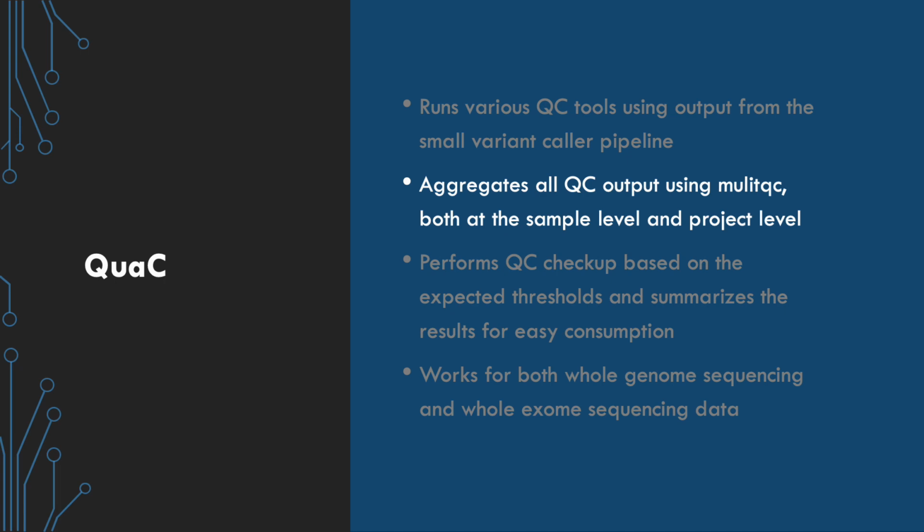So if you are interested in looking at just the QC results for a sample, you could look at the single sample level. Or if you are interested in looking at all the samples in a project, you could look at them in a single HTML file, and this makes it easier to perform QC.